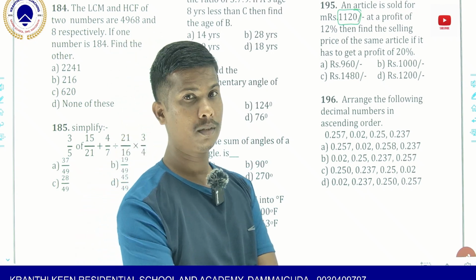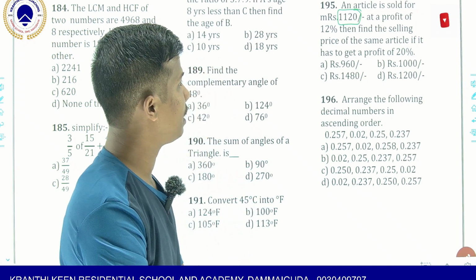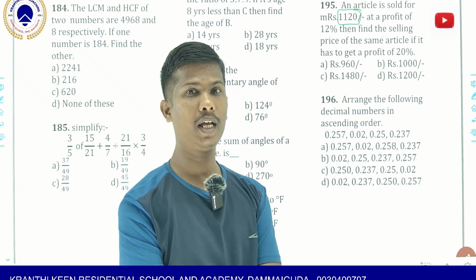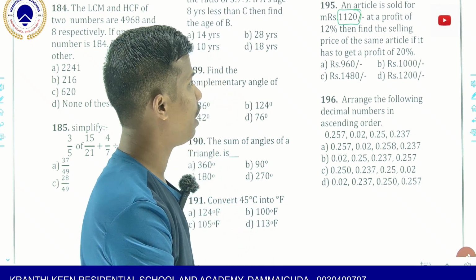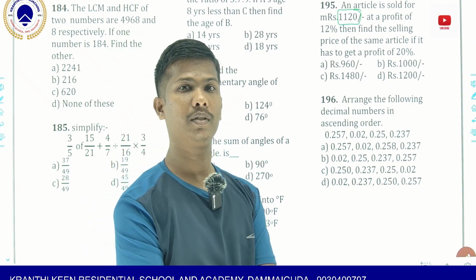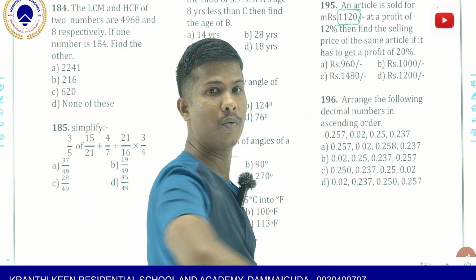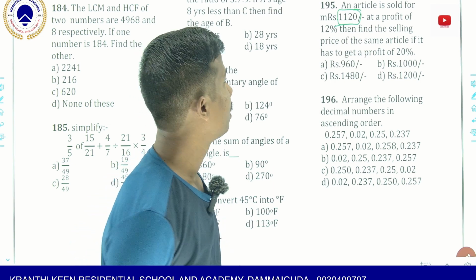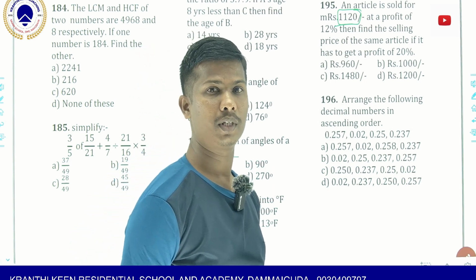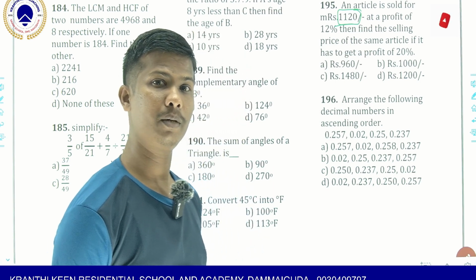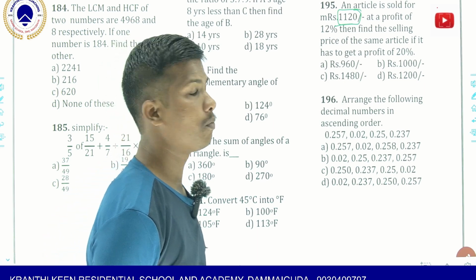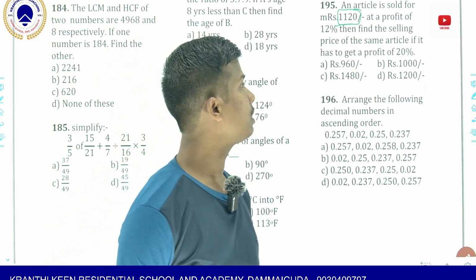And what is asked? Find the selling price of the same article if it has to get a profit of 20%. Okay, that means here, including 12% profit, he sold it for 1120. In order to get 20% profit, for what cost do you have to sell? That is the question he is asking.